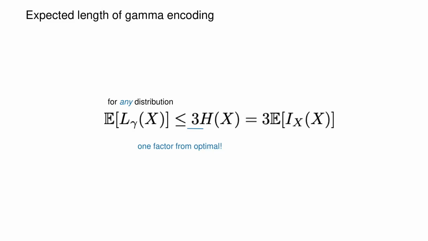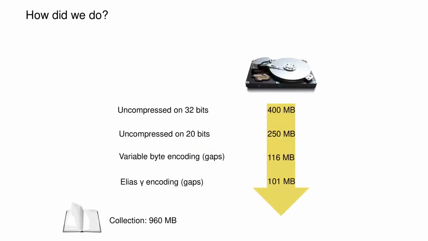But it's not a universal encoding, because that's pretty much the only distribution it is good for. The gamma encoding, within a factor of 3, is optimal for any distribution. That means it's within a factor of 3 of the entropy of the distribution, which would be the optimal size, theoretically.